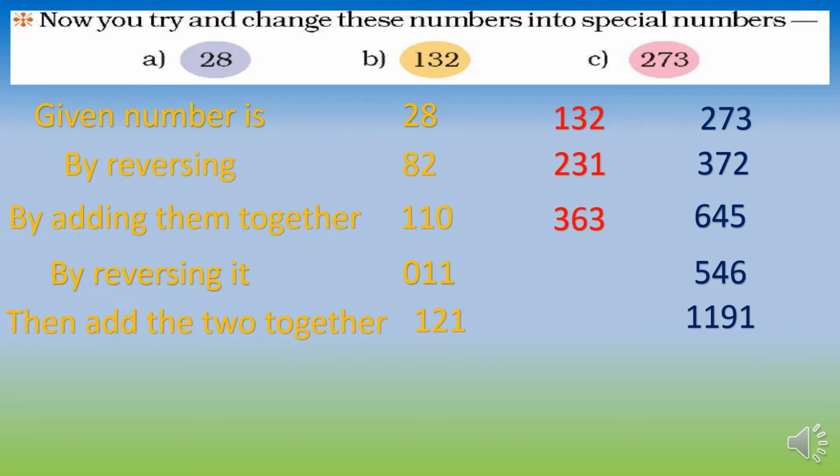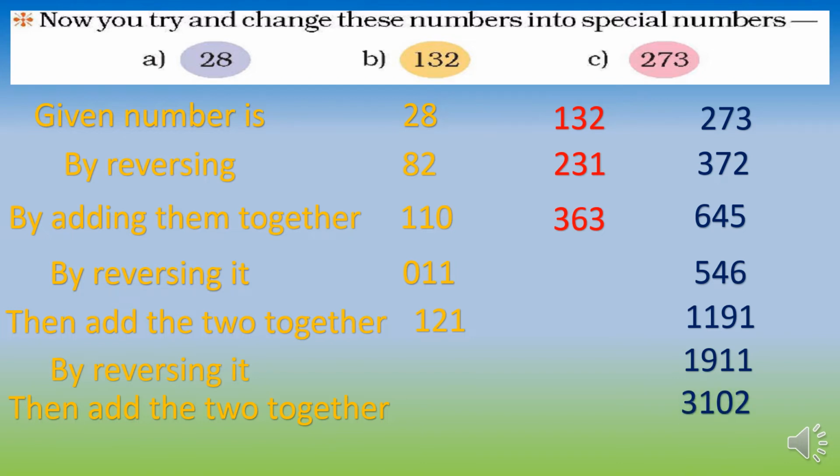This is also not a special number, so again by reversing it we'll write it as 1911. So we'll add them together, we'll get 3102. Again this is not a special number, so again by reversing it we'll write 2013, and by adding them we'll get 5115, that is a special number. So in the last one we have to do more steps to get the special number.